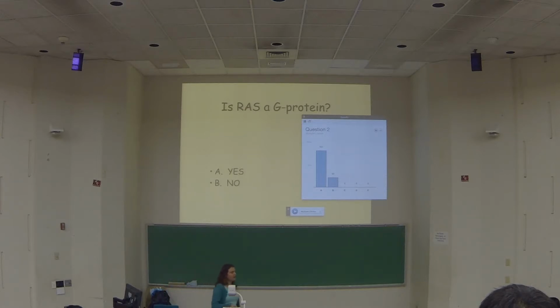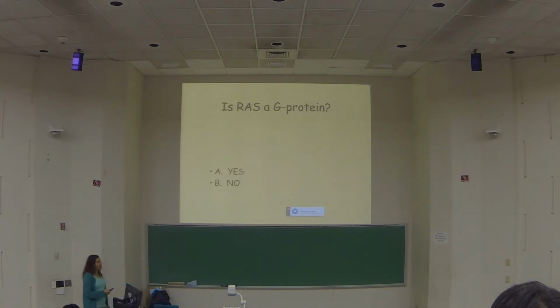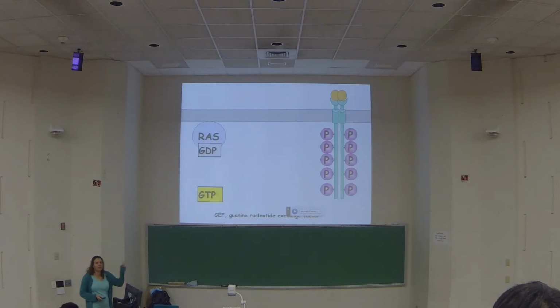Guanine nucleotide binding protein. Did that protein bind a guanine nucleotide? Yep, that's what that GDP is, right? So it is a G protein. What's the difference between this G protein and the ones we were just looking at? It's monomeric.